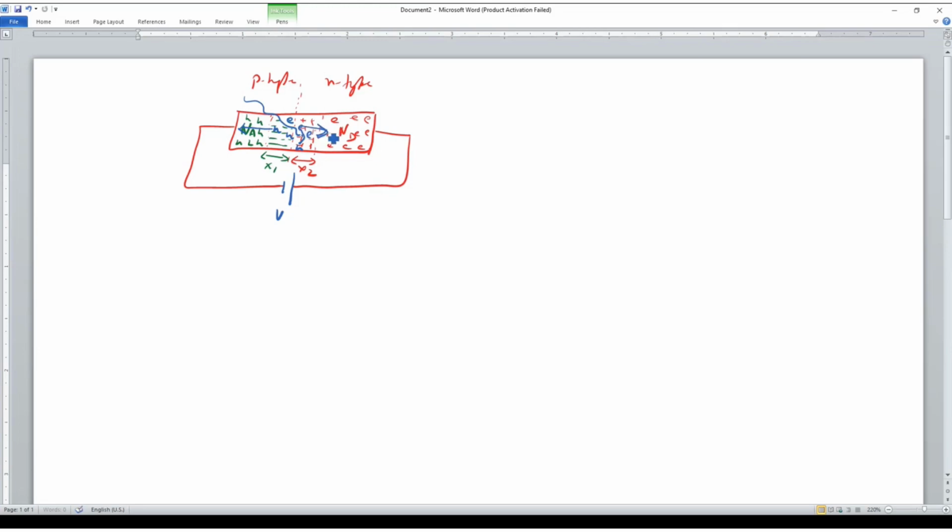And when they enter into this region, they find excess of electrons, so they are easily collected to the battery. Similarly, the holes will get collected to the battery.